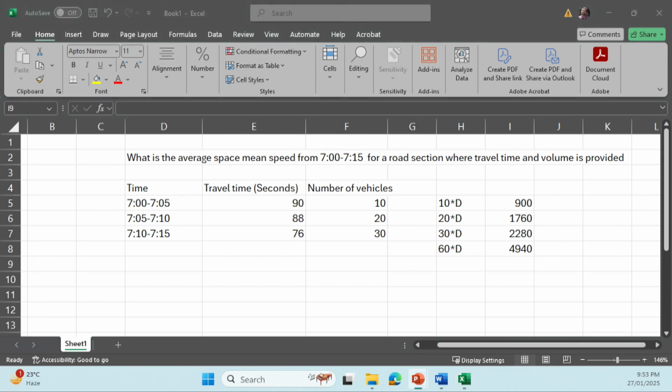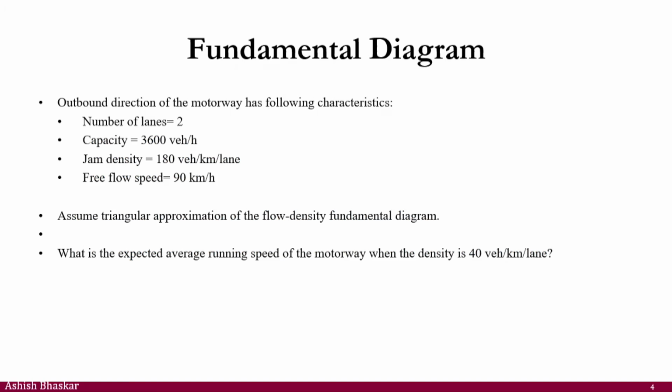Okay. This is the question I want you to draw. It is for the fundamental diagram, and assume a triangular shape for it. The fundamental diagram can have any shape; assume it has a triangular shape. Let's say it's a 2-lane motorway.